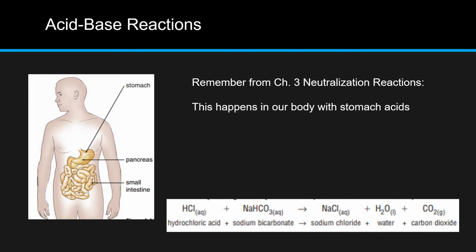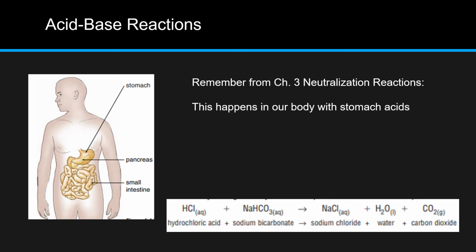So if you remember, we talked about acid-base reactions from chapter 3 when we saw neutralization reactions, and these reactions happen all over the place. They happen in our body with stomach acids, and we have hydrochloric acid, that's our stomach acid. But when we take an antacid, like sodium bicarbonate or just baking soda, or we eat a Tums, where it's calcium carbonate, we neutralize some of that acid to suppress that heartburn.